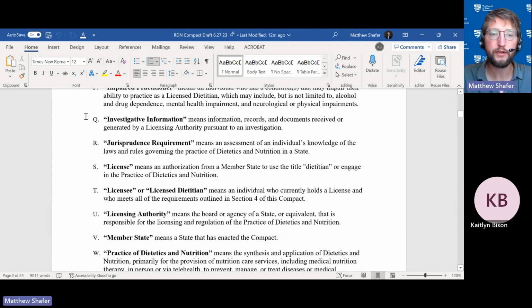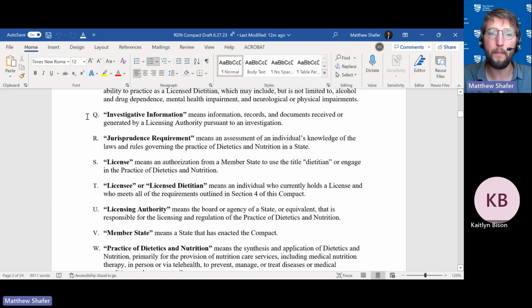Okay, three terms here that we definitely want to point out to you all. So, our first term is for license, and that means an authorization from a member state to use the title dietitian or engage in the practice of dietetics and nutrition. So that's going to be a question that is common with this compact, is who can actually use it.